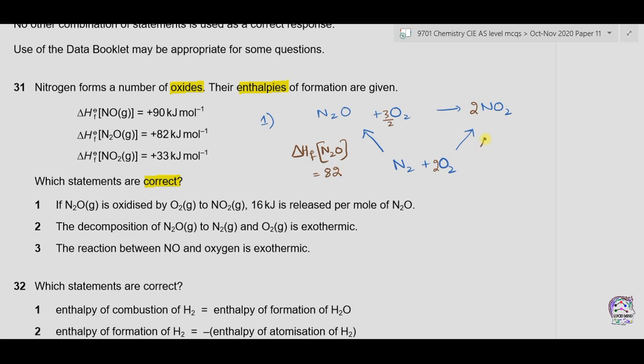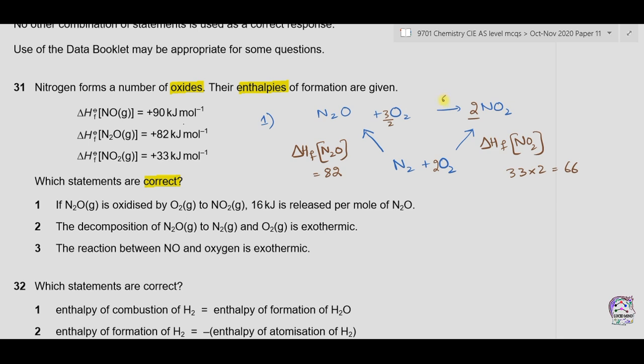The other arrow shows the enthalpy of formation of NO2, and its value is given in the question as plus 33 kilojoules per mole. As we can see that 2 moles of NO2 are being formed, so it will be 33 into 2 equals 66 kilojoules per mole.